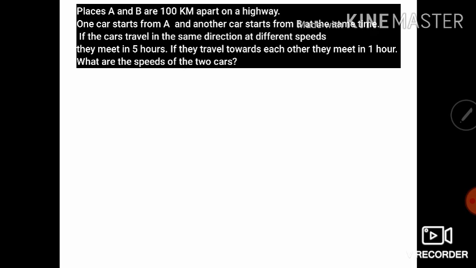Let us do this problem, which is based on speed, time and distance. Places A and B are 100 kilometers apart on a highway. So say this is our highway. A and B are 2 points which are 100 kilometers apart. One car starts from A and another starts from B at the same time. If the cars travel in the same direction at different speeds, they meet in 5 hours.